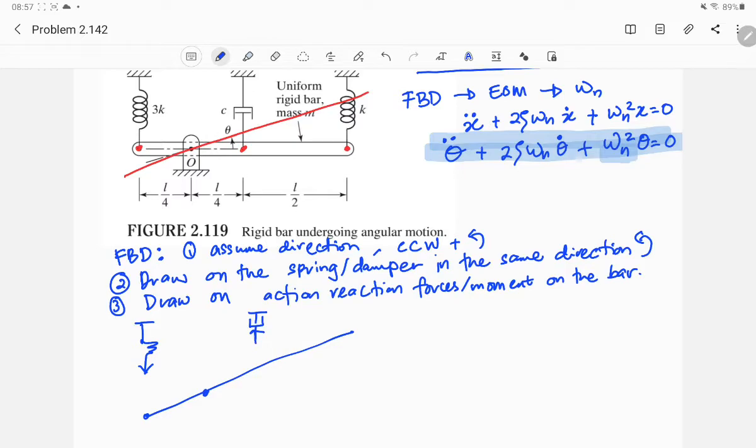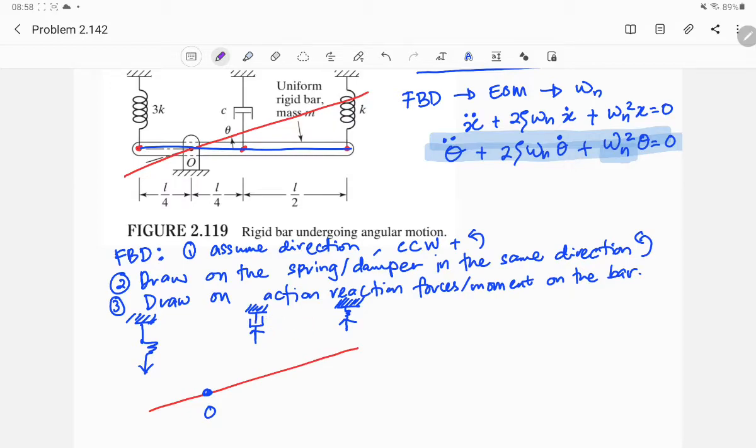It's being compressed, and the same for my K, which will also go up. Then let me just draw the action reaction.